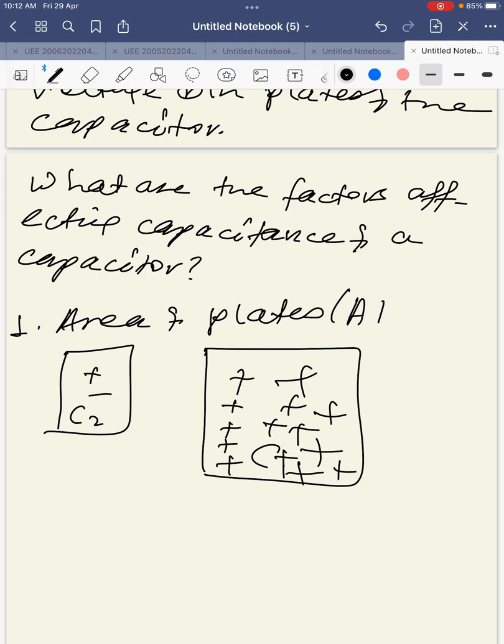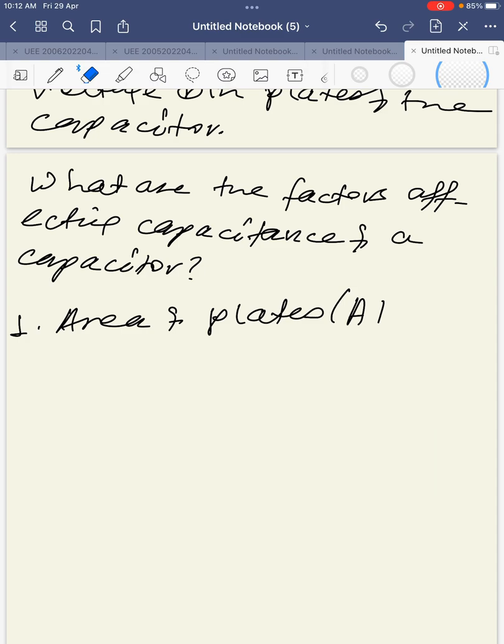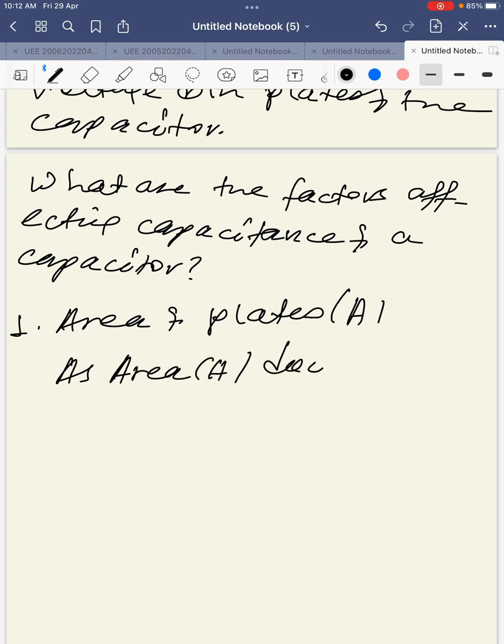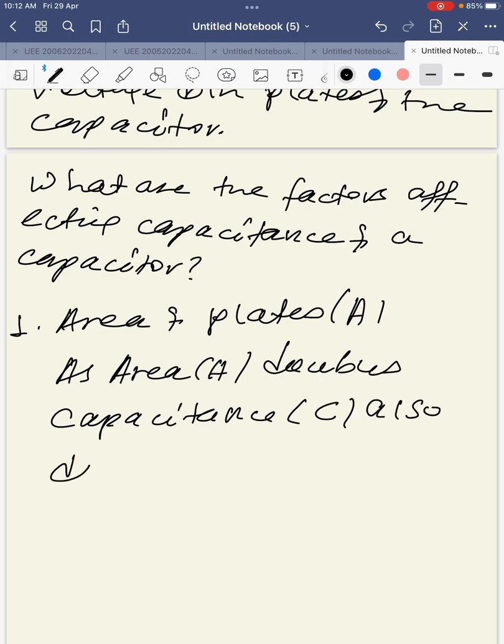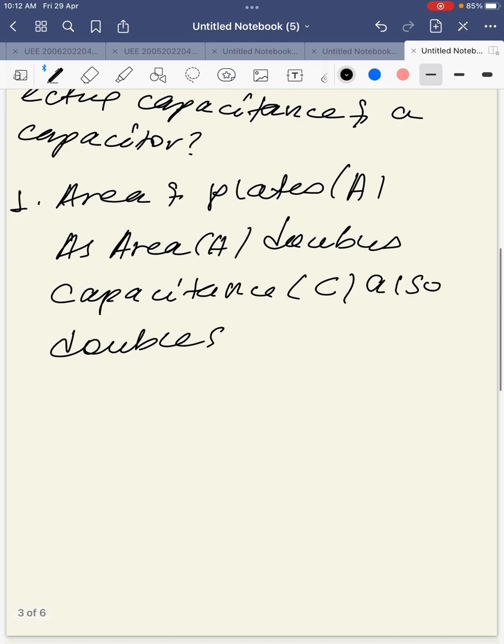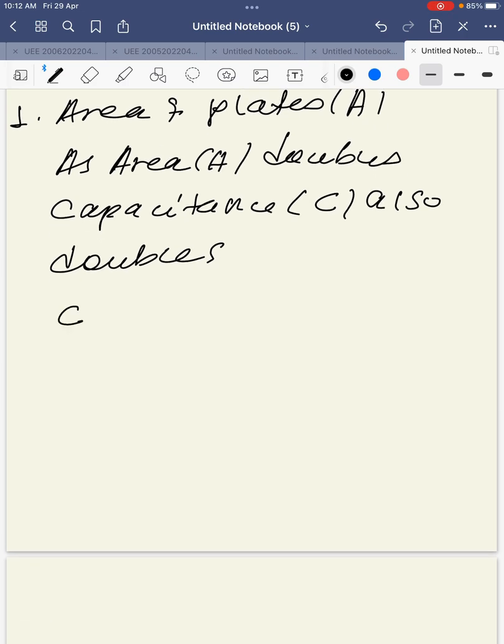And this one will have a limited amount of places for charge storage. Therefore, one factor is area. As area A doubles, capacitance C also doubles. Now let's write the relation. Capacitance is directly proportional to area of the plates.